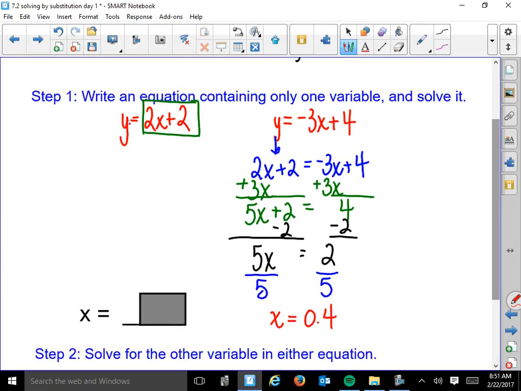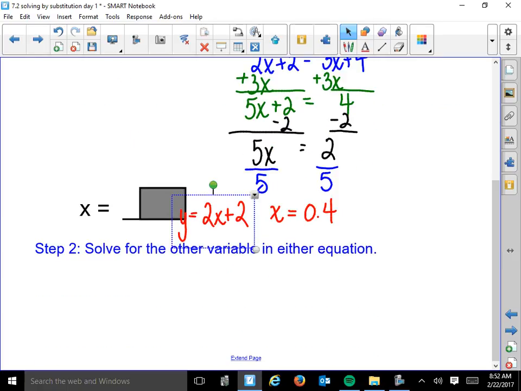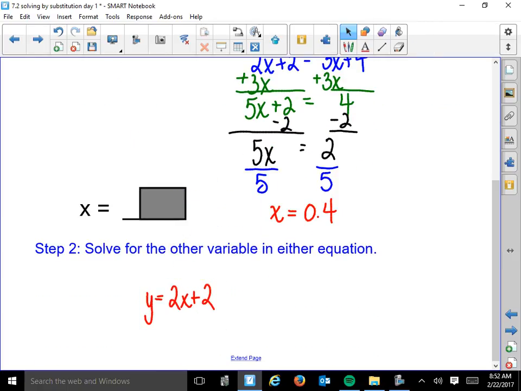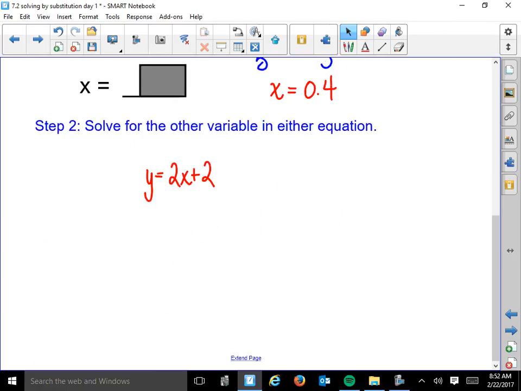I am going to use the first equation, y equals 2x plus 2. And I know that x is equal to 0.4, so y is equal to 2 times 0.4 plus 2.